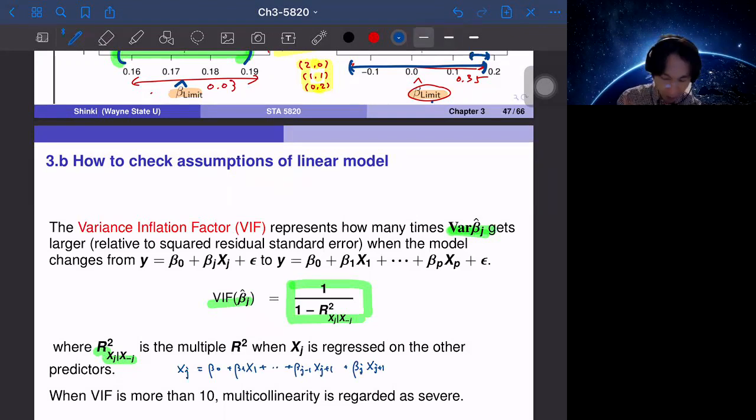Maybe we can say gamma. We regress x_j on these, using gamma to distinguish from the original model: gamma j minus 1 x j minus 1, then j plus 1 and up to the last one, gamma p x p, plus some error.